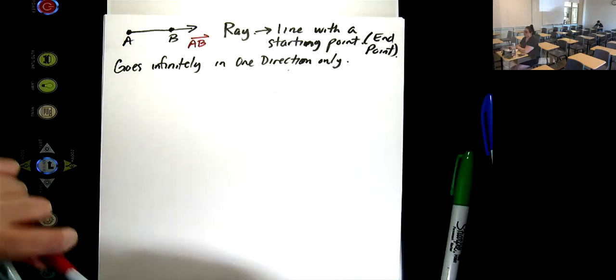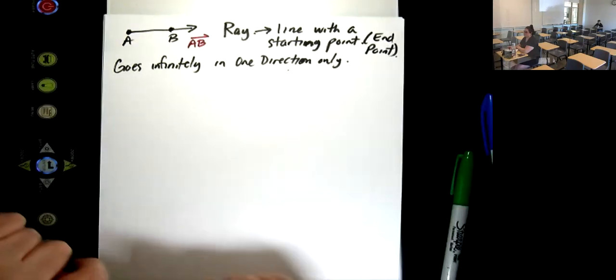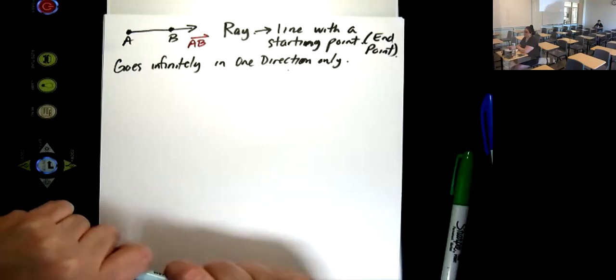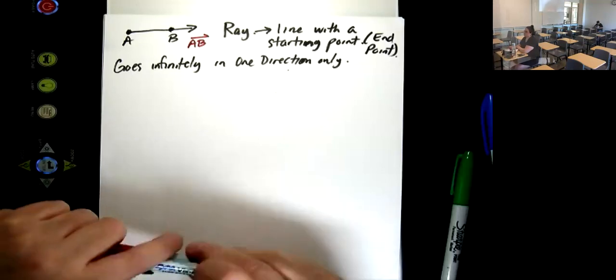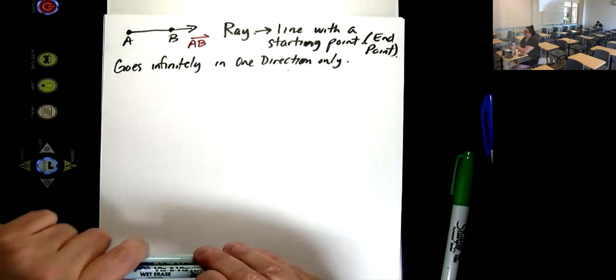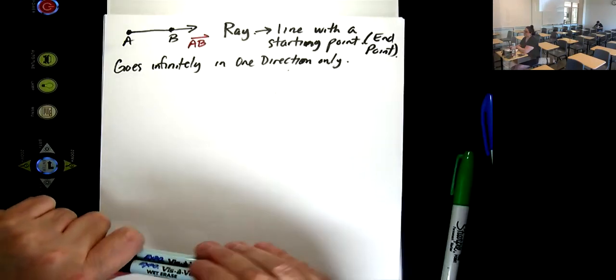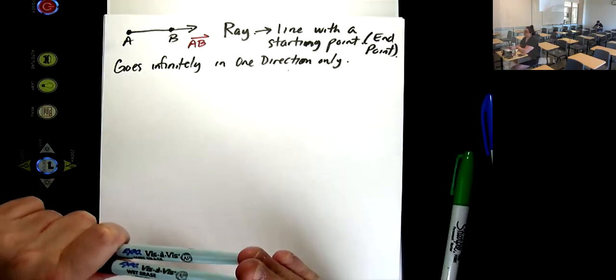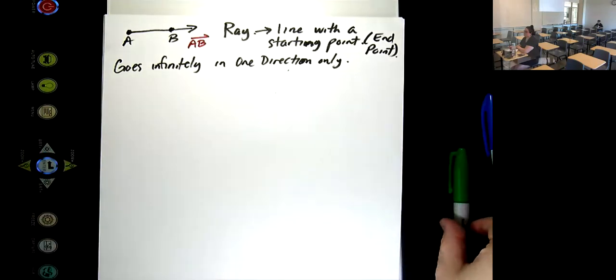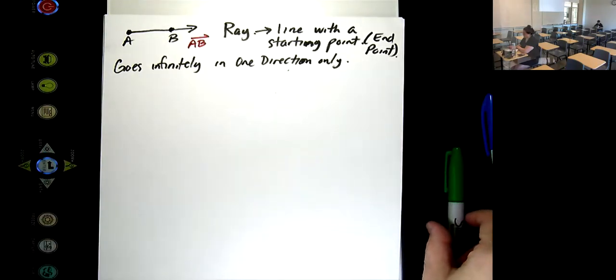It's the equivalent of the line. It's called a vector, and they don't put the arrows on both sides. But your book does. All right, so that's called a ray.